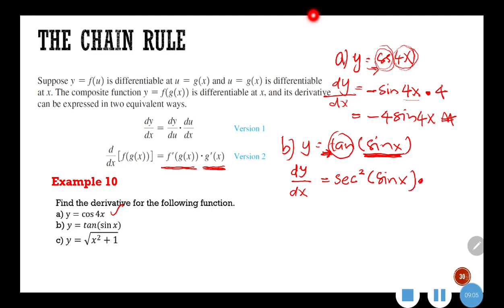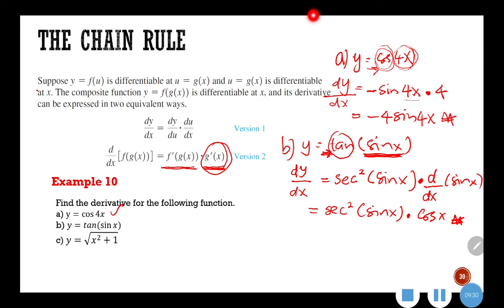Then you have to multiply with d/dx of sin x. Ni yang dia maksud g prime x ni. So, secant square sin x times d/dx of sin x, which is cos x. That's it. Okay? Senang kan?